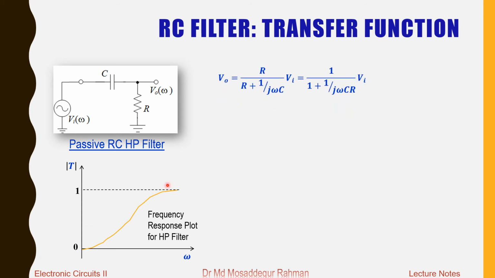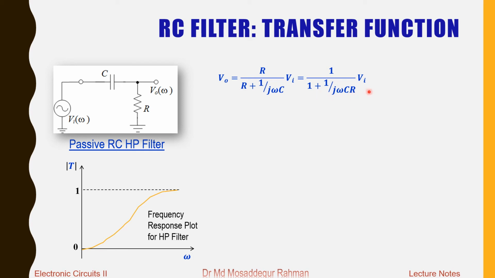First, to find the transfer function, we start with the expression for the output voltage. The output voltage we can express like this, applying the voltage division rule. This is just a simple series combination of R and C. So applying the voltage division rule, we can express V naught as a function of Vi like this. After simplification, you divide the numerator and the denominator by R.